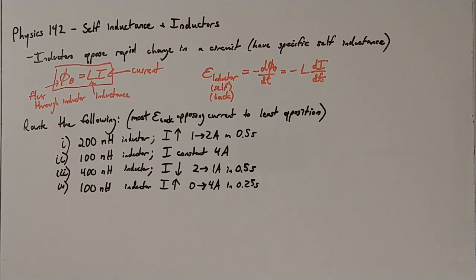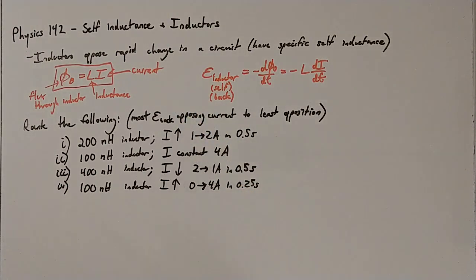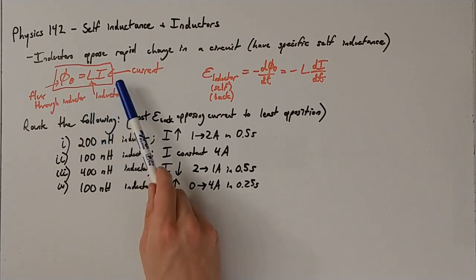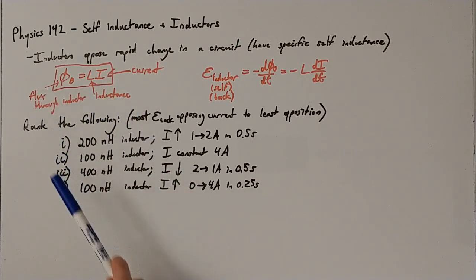In the last video, we learned that inductors are circuit elements that oppose rapid change in a circuit. They have a specific amount of self-inductance, and their goal is to oppose rapid changes. We defined the inductance L as the proportionality between current and the flux through an inductor.